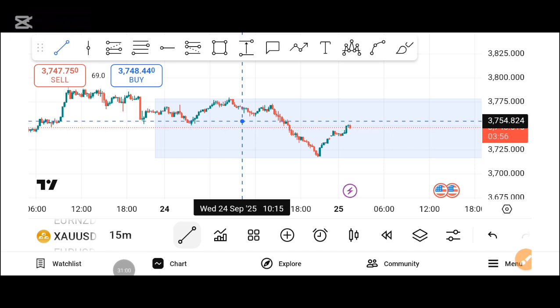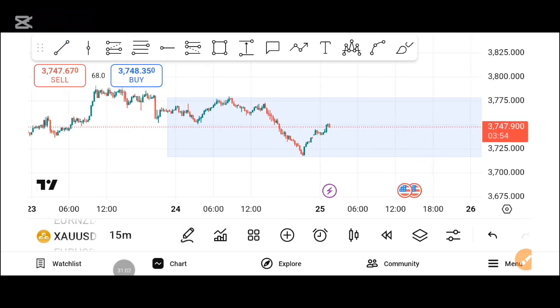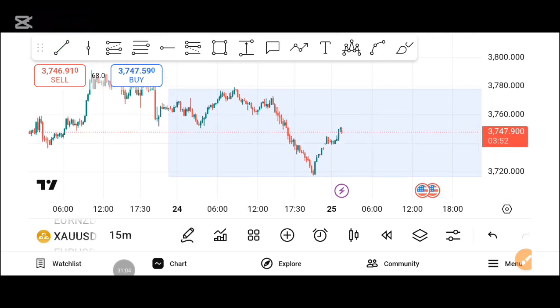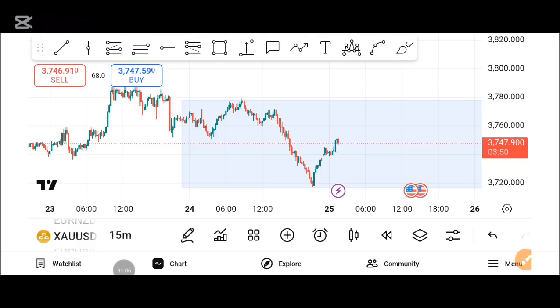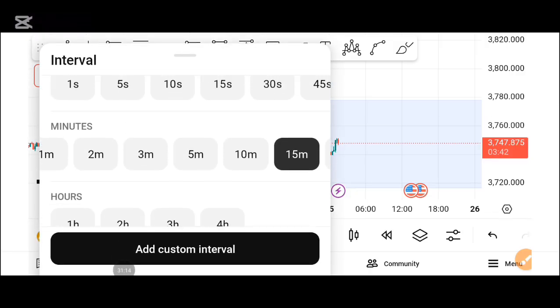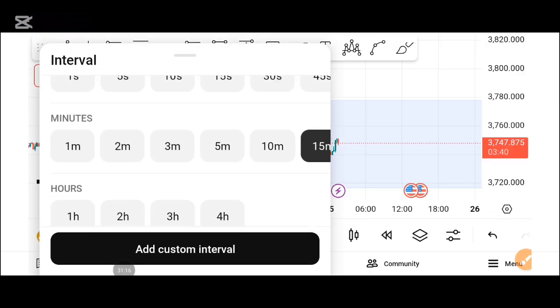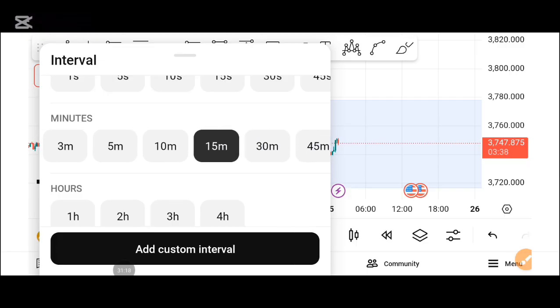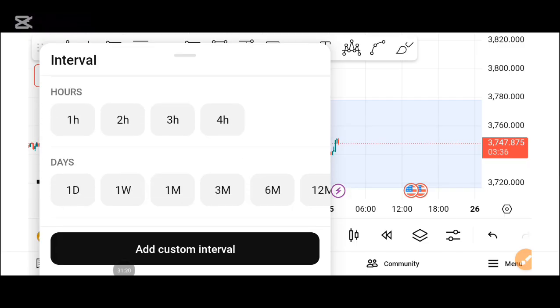So time frame matters a lot, but I'm not here to analyze the difference between higher time frame and lower time frame today. But you can understand that 1 minute, 2 minutes, 3 minutes, 5 minutes are lower time frames.